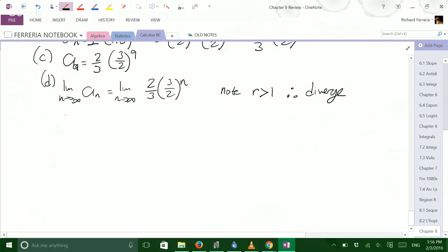Okay, are we okay with that? R is bigger than 1, so the terms of the sequence keep on growing, not shrinking. If they keep on growing, there's not going to be a limit. And part E, find the limit of the sequence if it's convergent. Okay, not convergent, no limit.